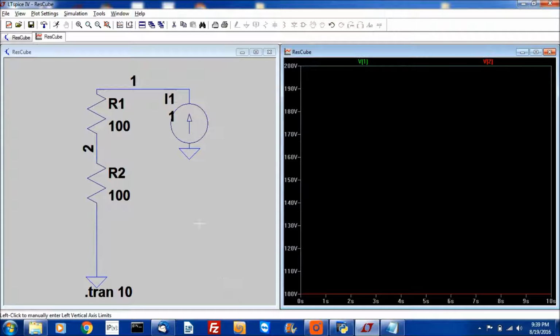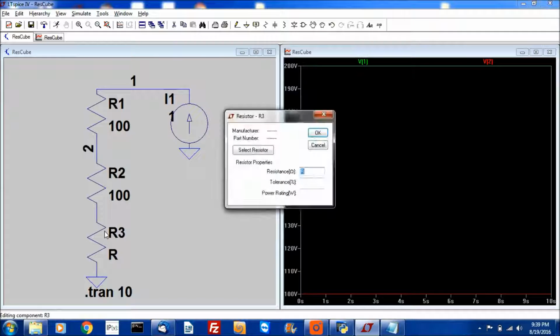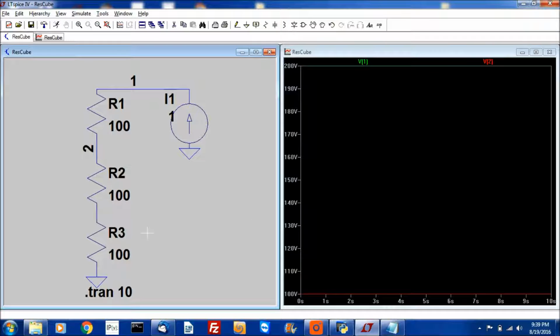So if I add another resistor, R3, that would also be 100. Similarly, we can do the same.